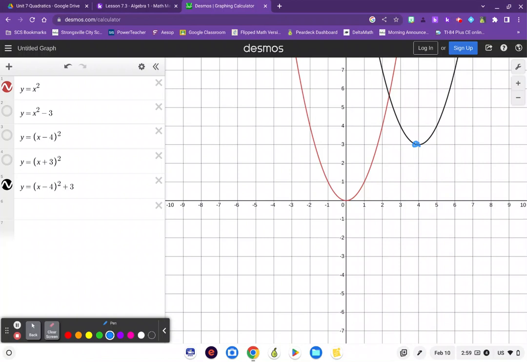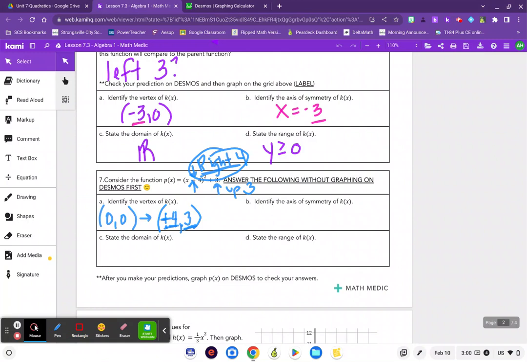The next question is, what's the axis of symmetry? So I'm going to go through my vertex, which has an x value of 4. So x equals 4. The domain is always all real numbers. And my range, well, my lowest y value is 3. So my range is going to be all y values greater than or equal to 3. Okay. So I'm going to come back here and fill that part in. So the axis of symmetry is x equals 3.